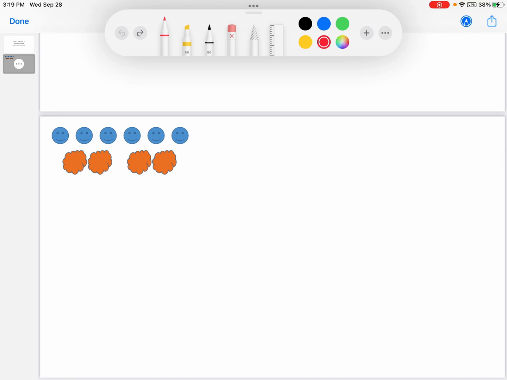There are 6 smiley faces and 4 clouds. Therefore, correct would be a ratio of 6 to 4 smiley faces to clouds.